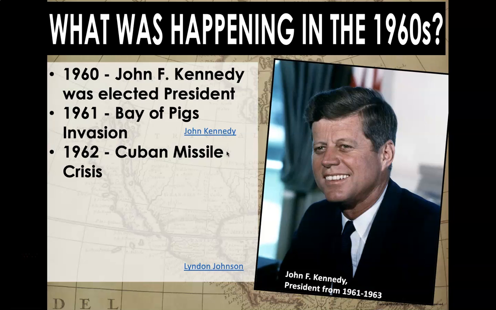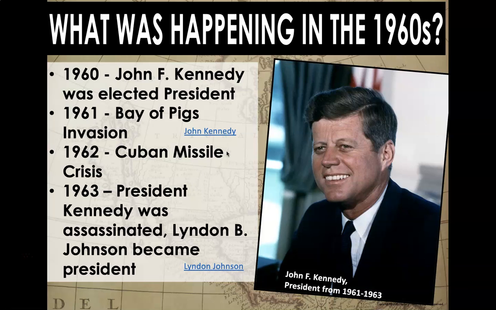We also have in 1962 the Cuban Missile Crisis. And in 1963, Kennedy is actually assassinated. And this was actually right around the same time that Martin Luther King Jr. is assassinated, and the leader of South Vietnam. And then, remember, I told you that we go directly into the Vietnam War sometime after Johnson becomes president.